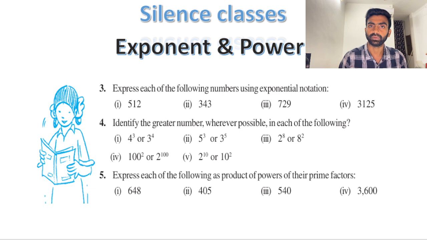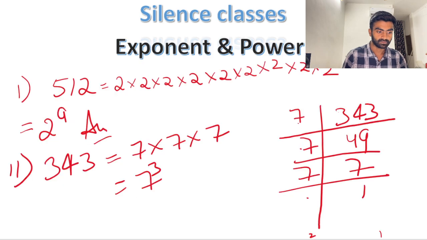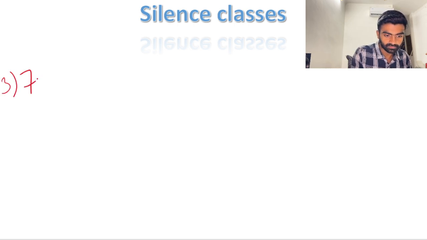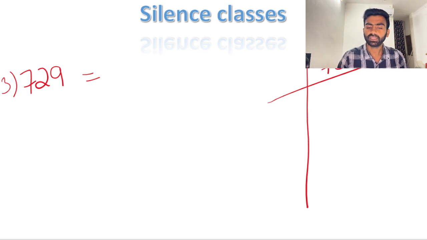3, 729. Okay, sorry, let's do it. Question number 3, 729. Now, will it be divisible by 2?